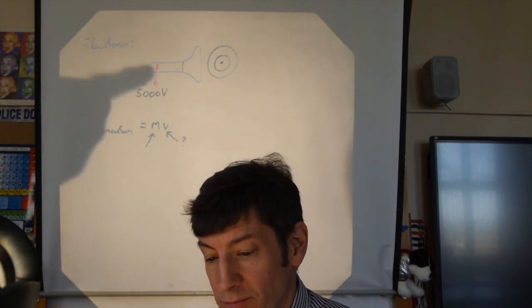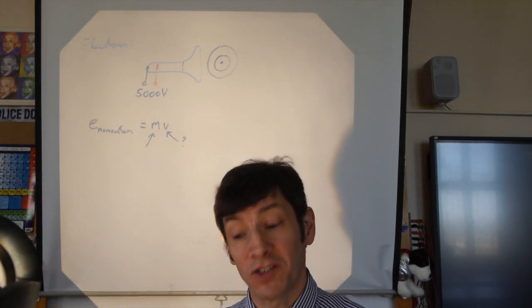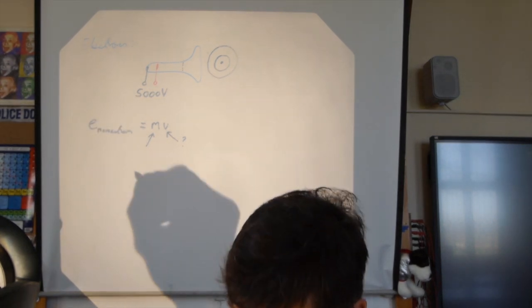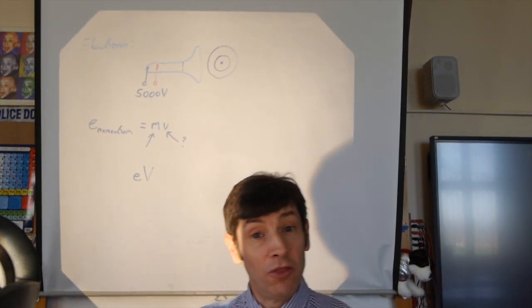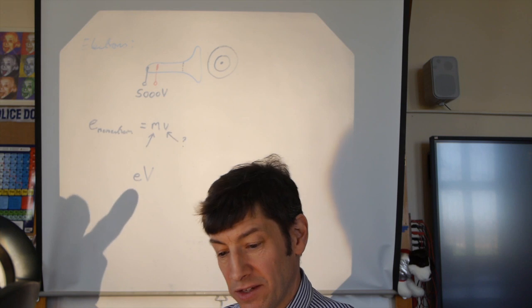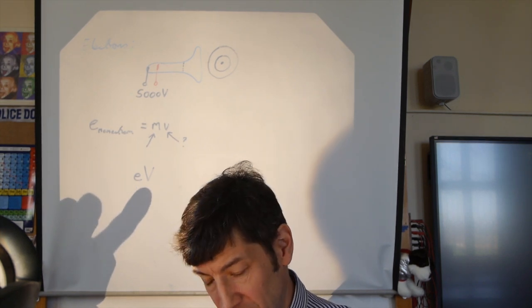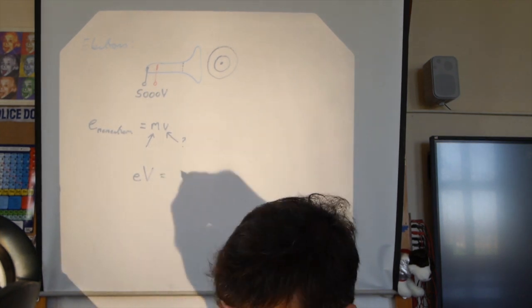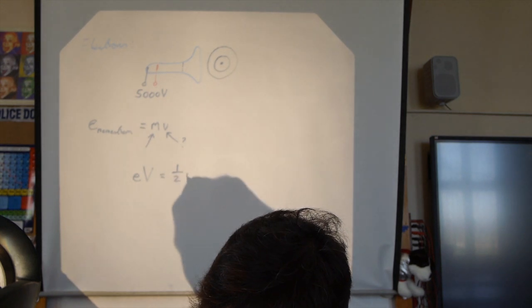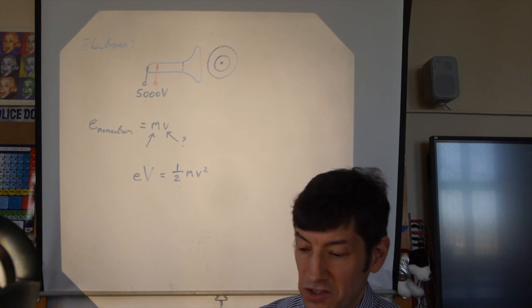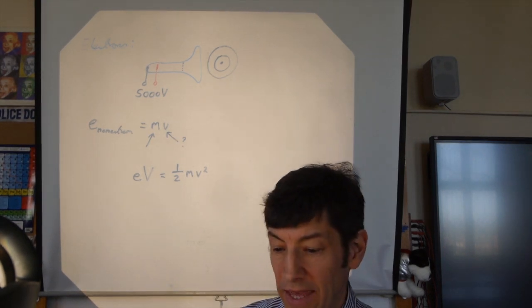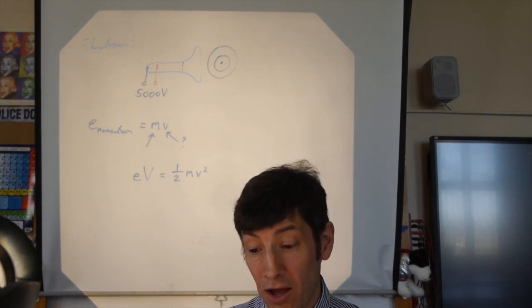When the electron moves through a potential difference of 5,000 volts, it's going to gain, there we go again, guys, eV, that many joules of energy. So that's the charge moving through a potential difference, and it's all going to be converted into a half mv squared. So what we want to do is get the velocity out of this.